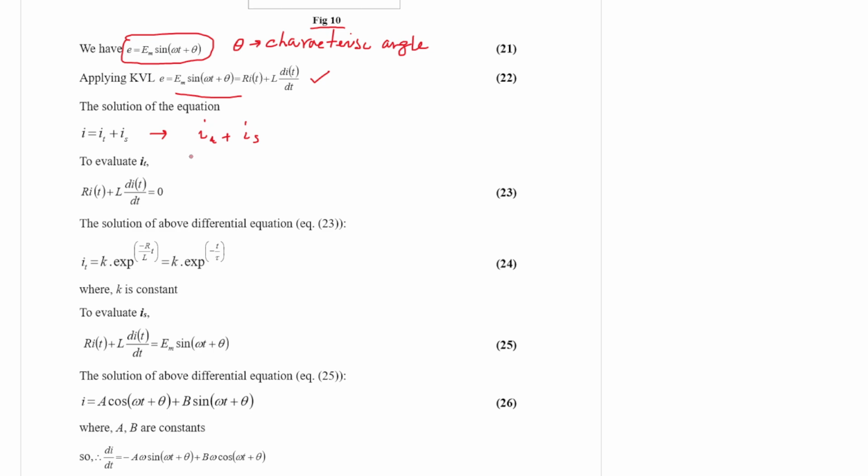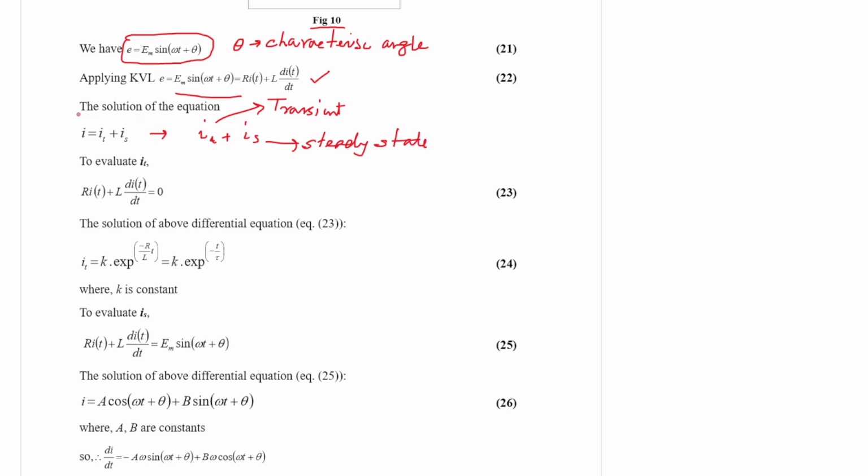Now what is it? It represents the transient behavior of the electrical network. And is is the current response under steady state condition.